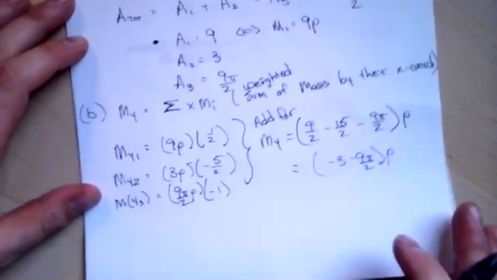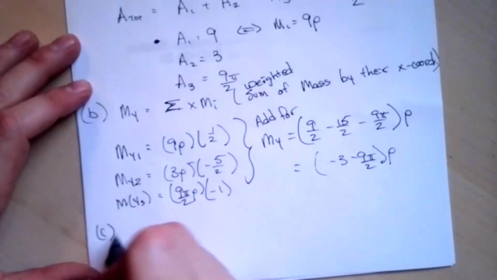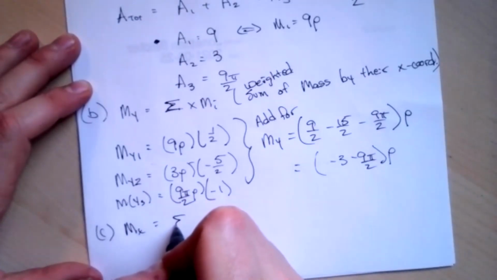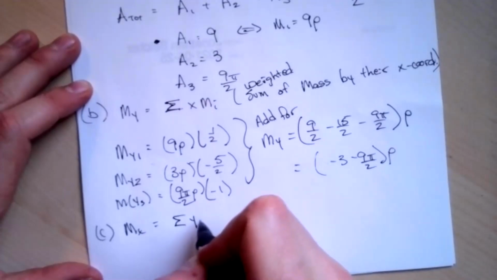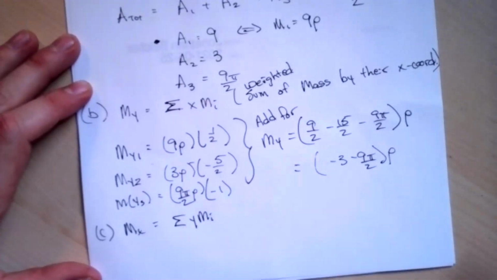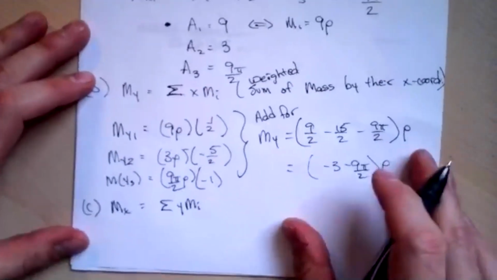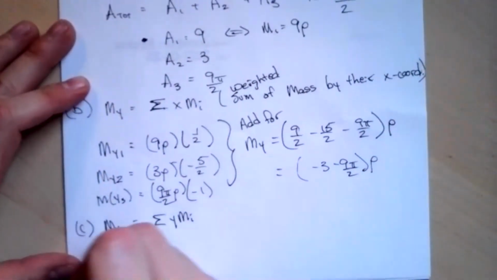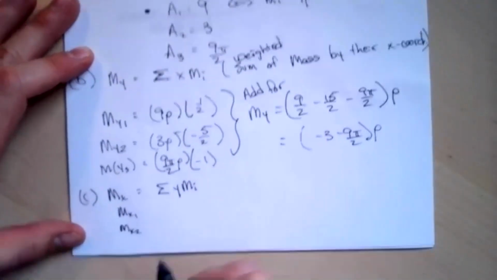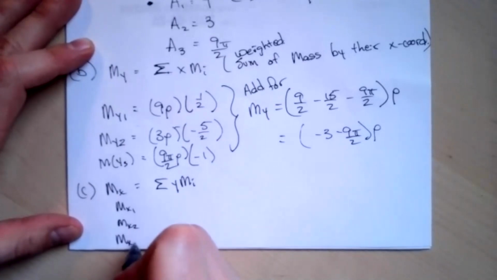So that's our y moment. Our x moment, we want to do similarly. We weight all the masses by their y coordinate now. So it's going to look very similar. Running out of space here.